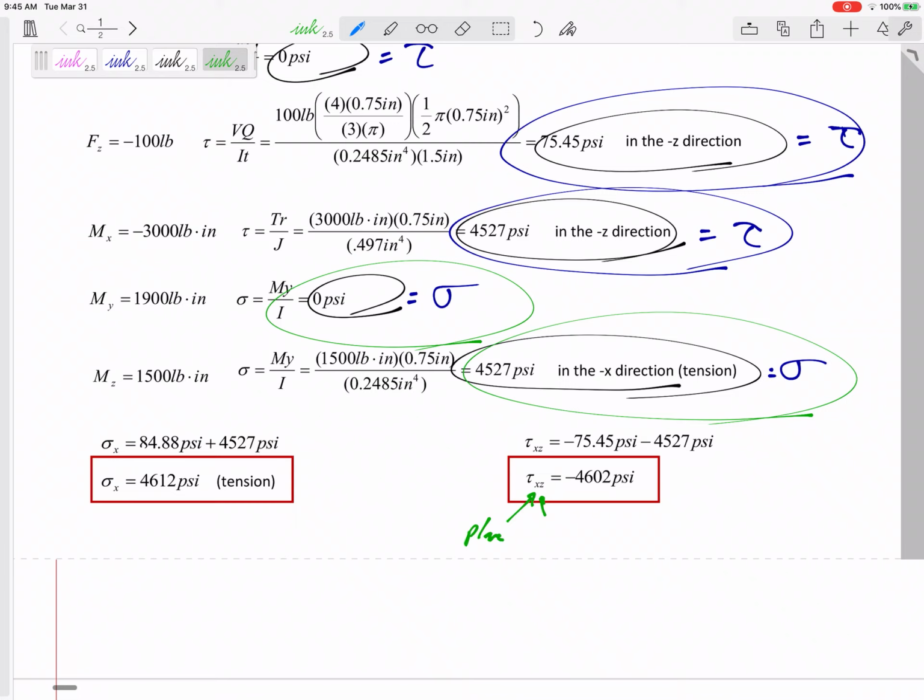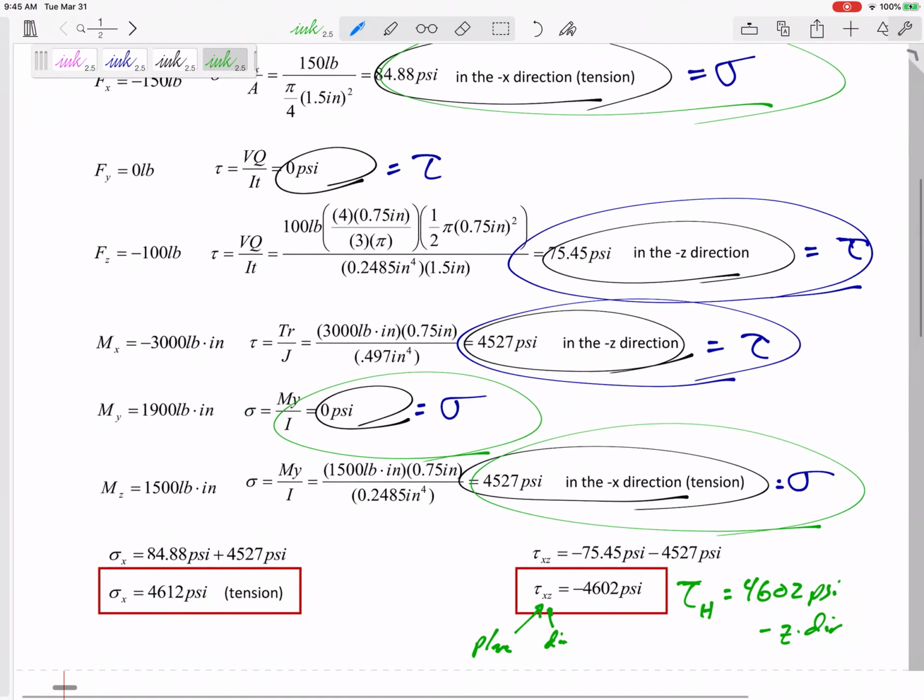This one is the direction that it is in. I would have said tau h is 46.02 psi in the negative z direction, but that's how the book would specify. Okay? All right, that was a good one.